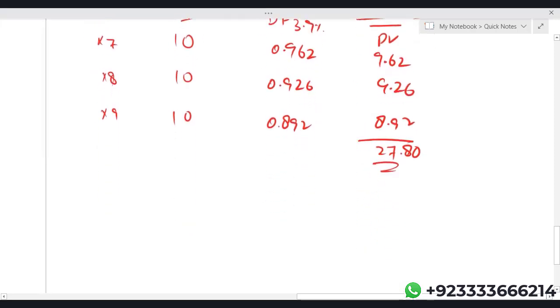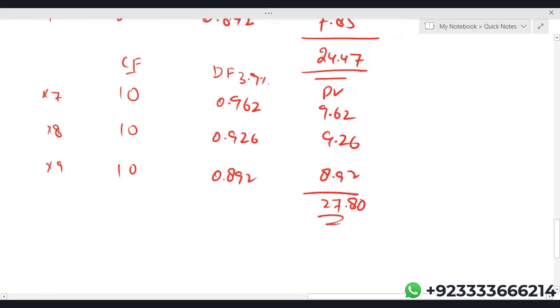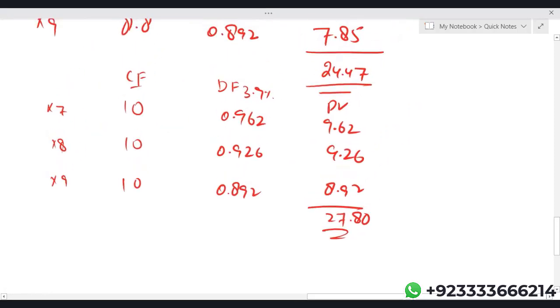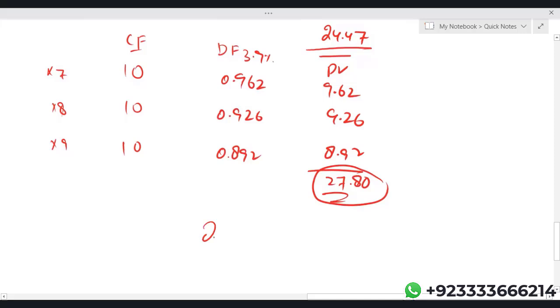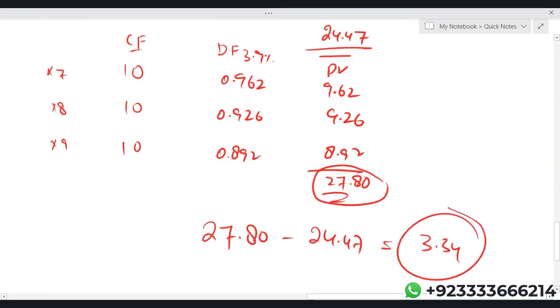So there is a favorable change in the lifetime expected credit loss. We are expecting to get more amount, which means 27.80 minus 24.47, which is 3.34. Logically, with this 3.34, your loss allowance should be debited and P&L will be credited.